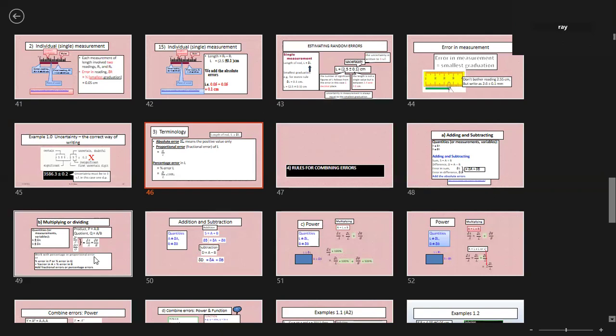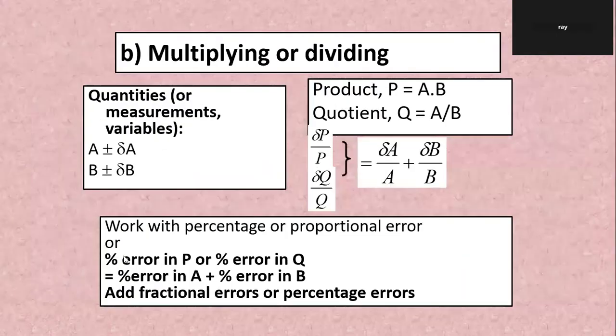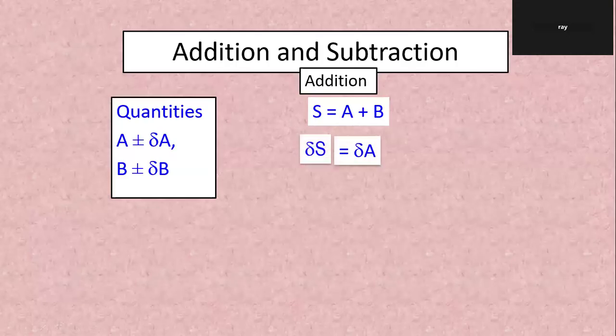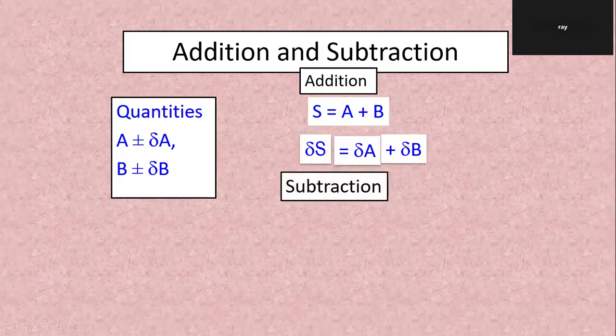I want to take extra time to do some work. So you can either add proportional error or add percentage error, for multiplying or dividing. Adding or subtraction, you just add the absolute error.